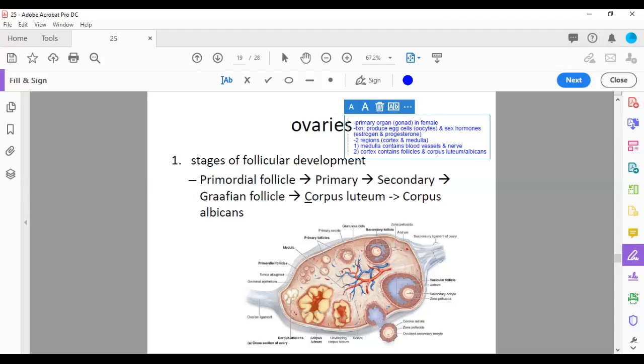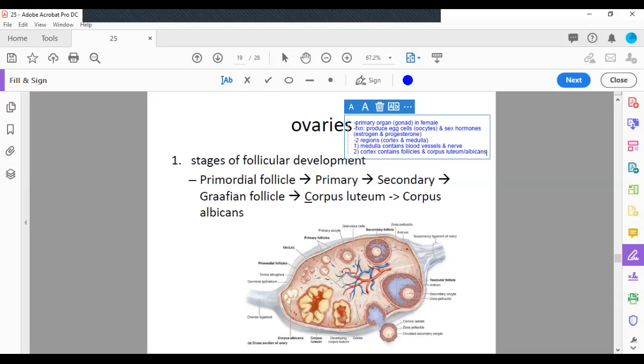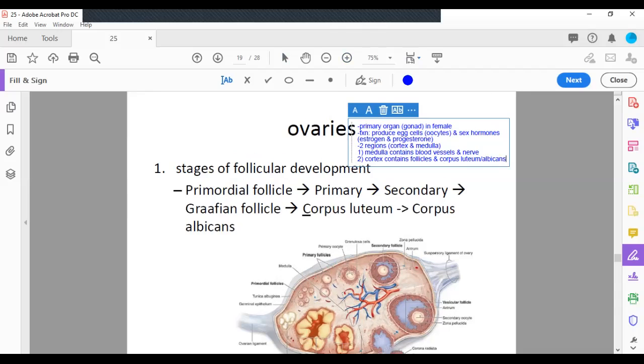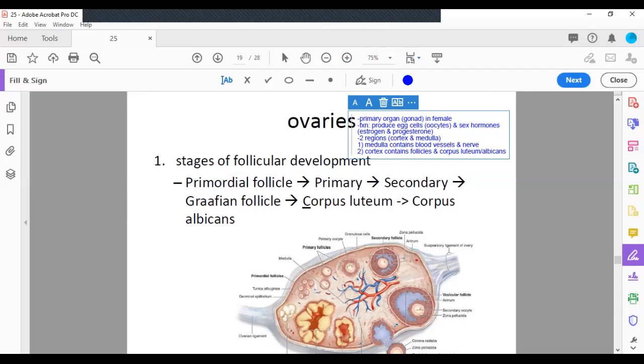As you see from the image at the very bottom, we have what's known as the stages of follicular development. Let's begin with the first ones, called primordial follicles. These primordial follicles will develop into primary follicles, but not all of them will become primary.